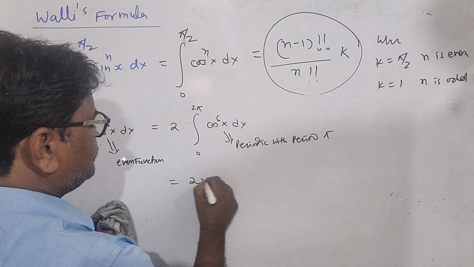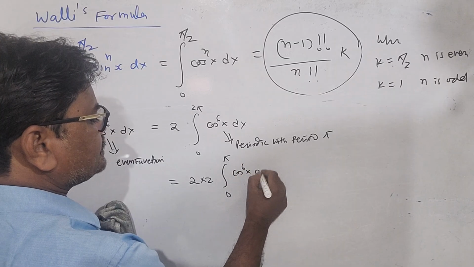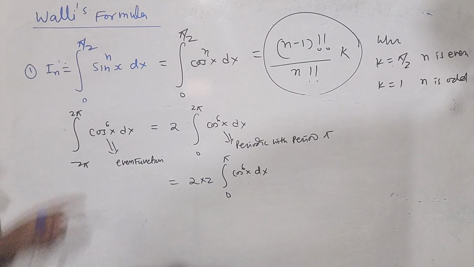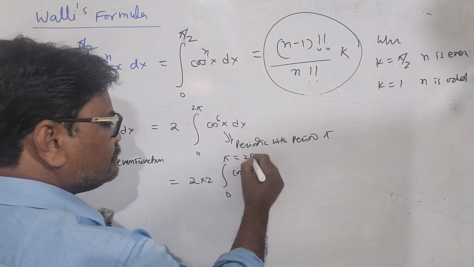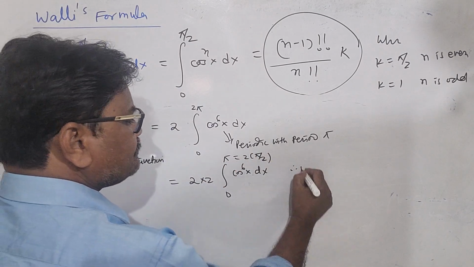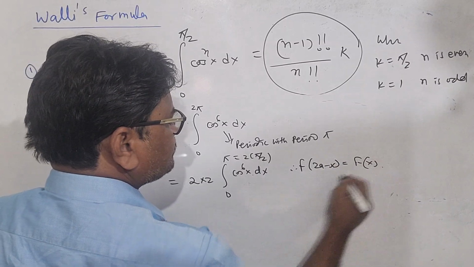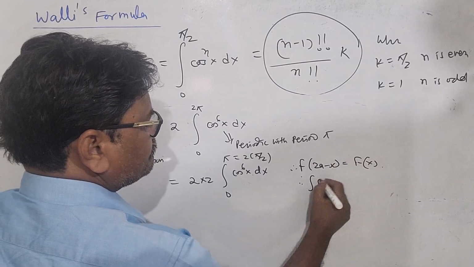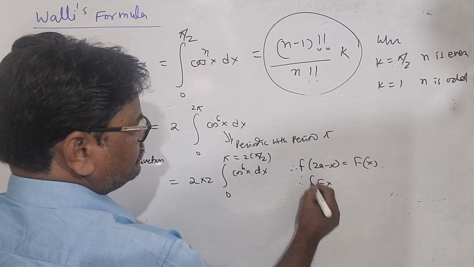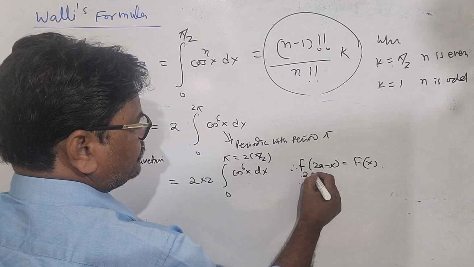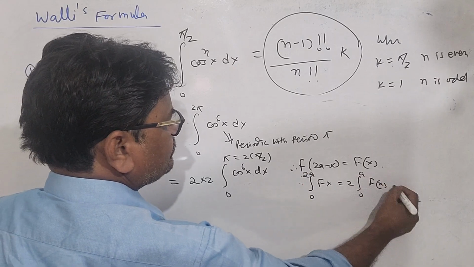So this can be 2 into 2 into the integral from 0 to pi of cos to the power 6x dx. Still it is not pi by 2, it is pi. But this pi can be written as 2 into pi by 2. And here we can apply that f of 2a minus x is equal to f of x, then the integration of fx dx from 0 to 2a can be written as 2 times the integral from 0 to a of fx dx.